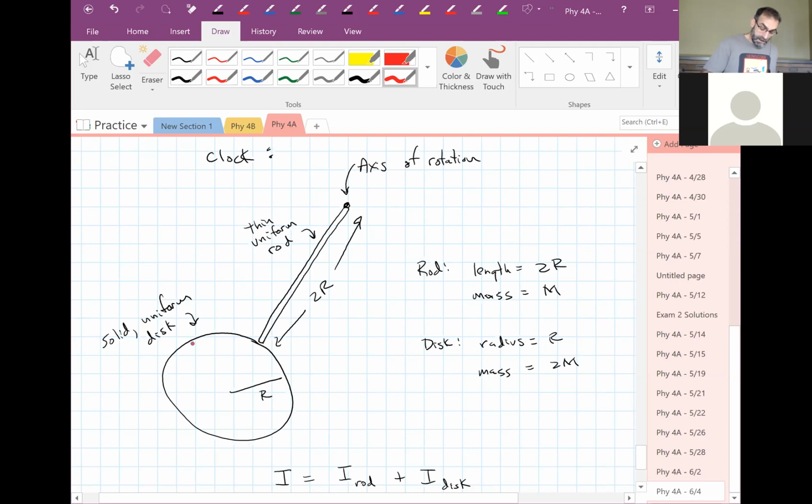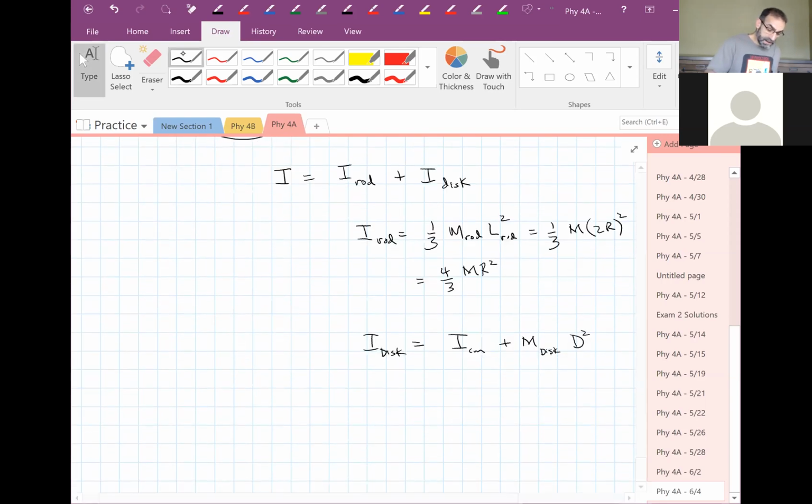We've got a disk rotating about an axis of rotation over here. We ask ourselves, is there an axis of rotation parallel to this one that passes through the center of mass? Yes, there is. And how far apart are they? Distance d equals 3r apart. So we can use parallel axis theorem here.